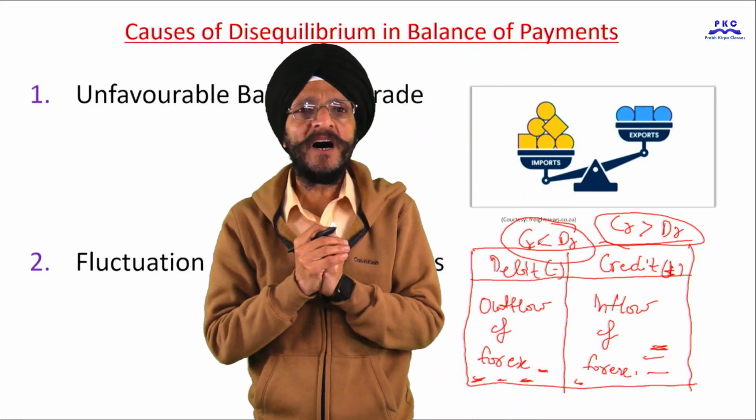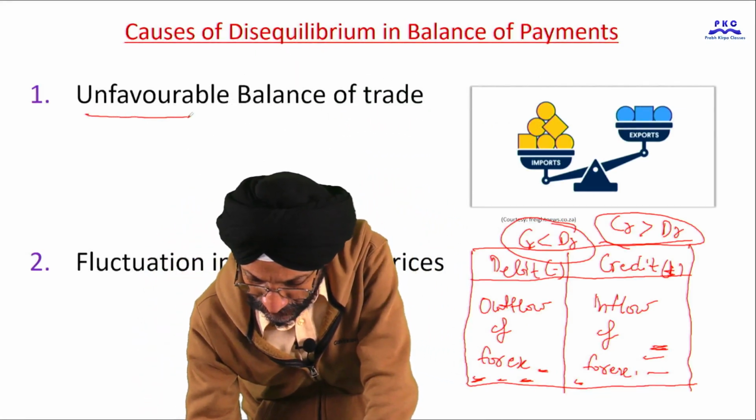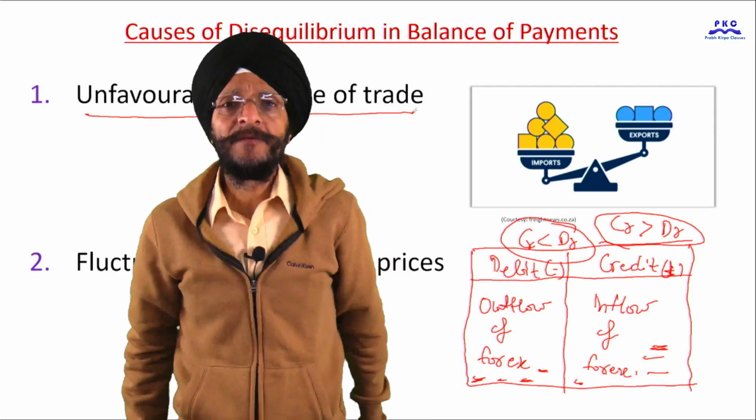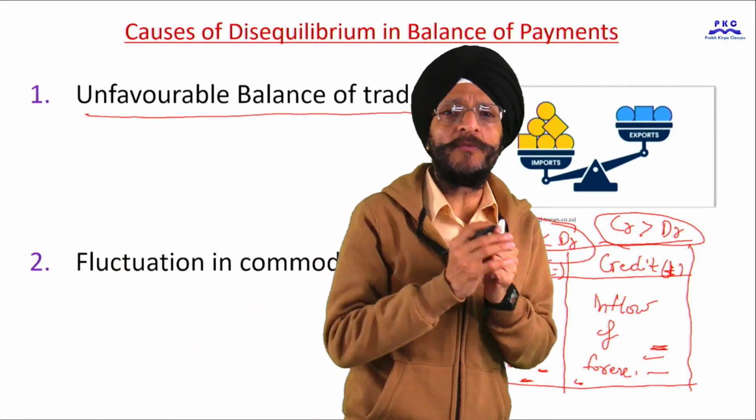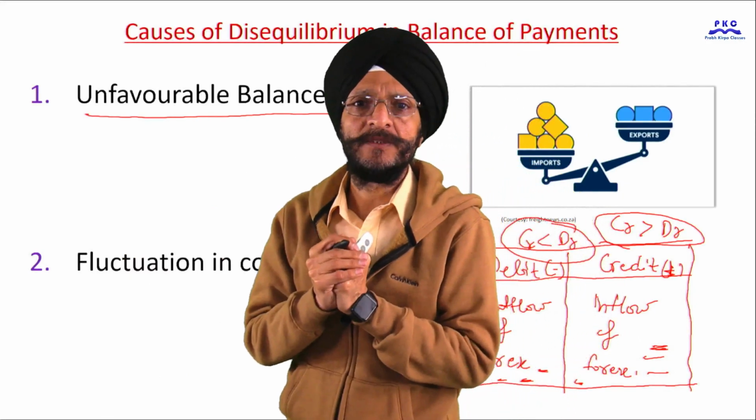First is unfavorable balance of trade. This is when the imports of the country are more than exports.